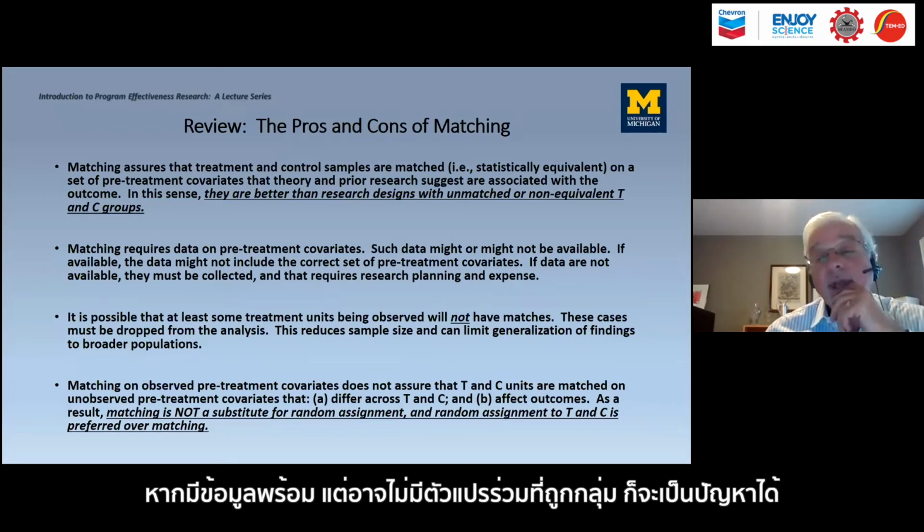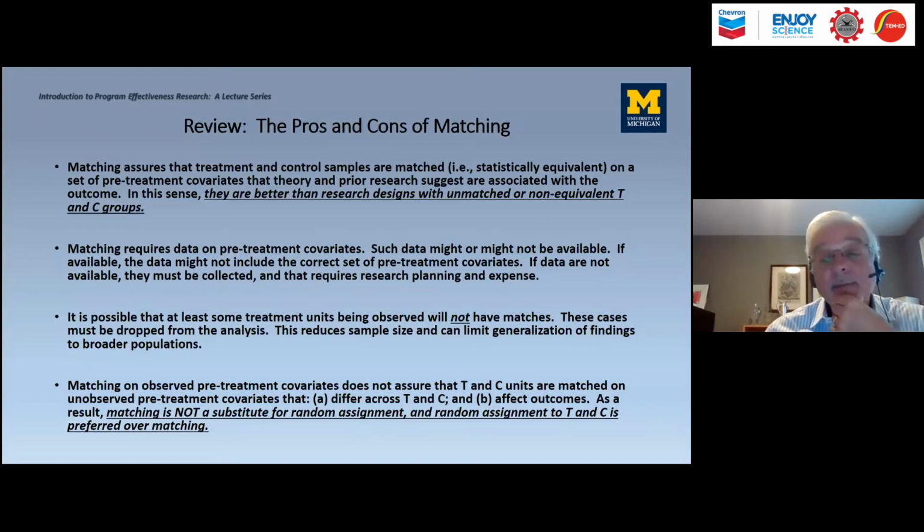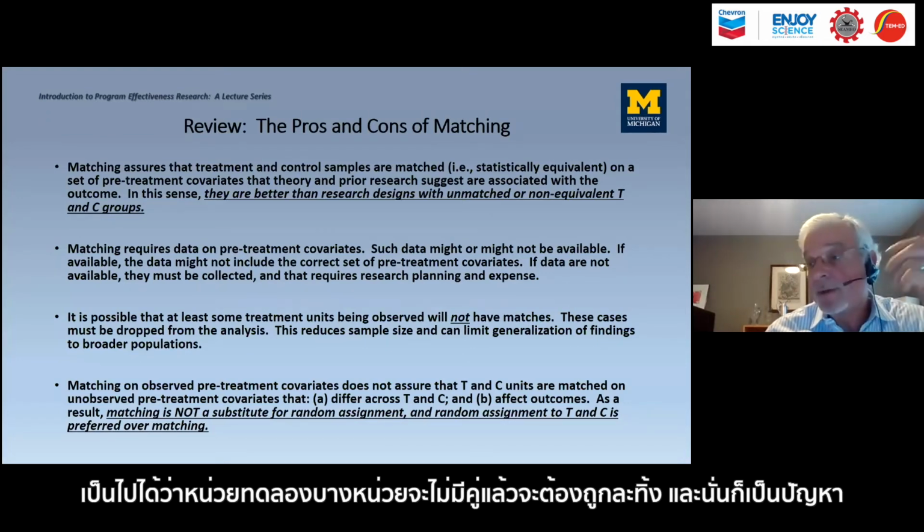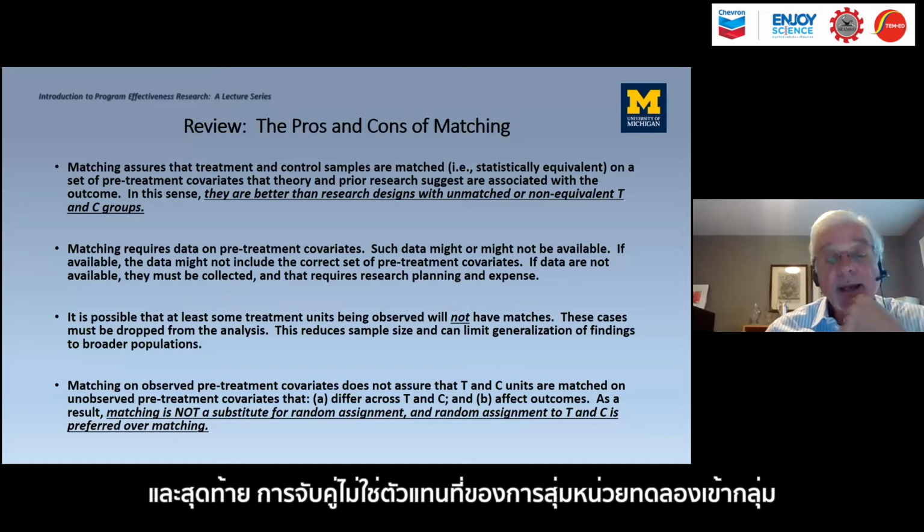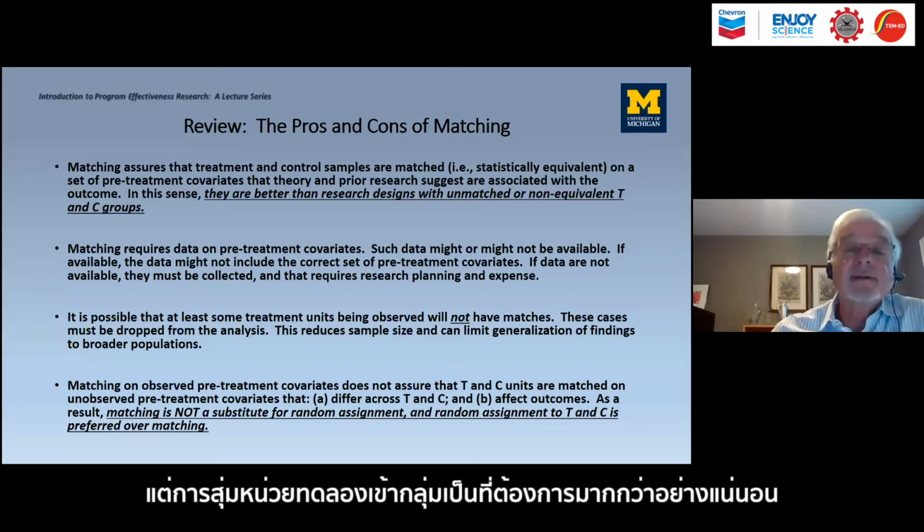And if data are available, it might not include the correct set of covariates. And so, that's a problem. It's possible that some units won't have matches and have to be discarded, and that's troublesome. And finally, matching is not a substitute for random assignment, and random assignment is definitely preferred over matching.